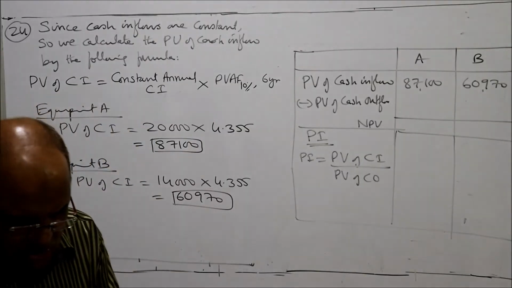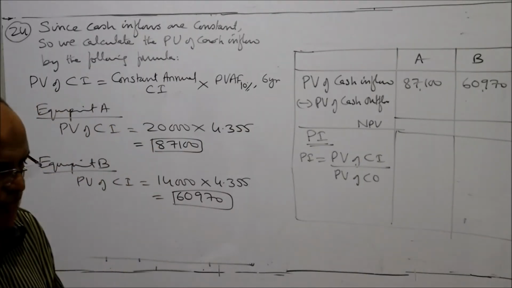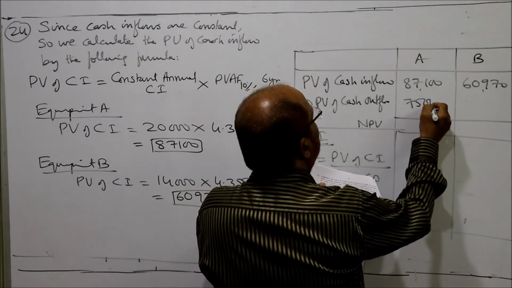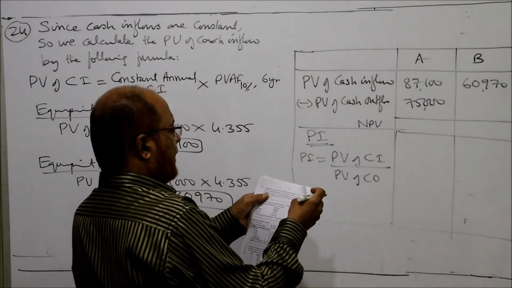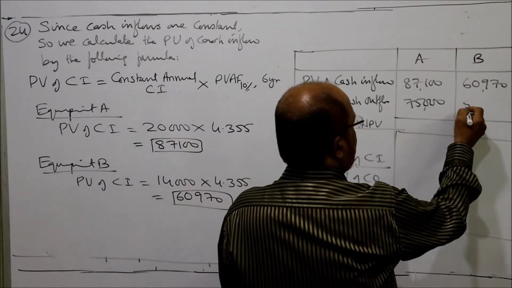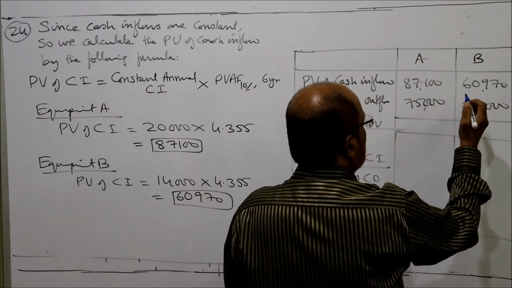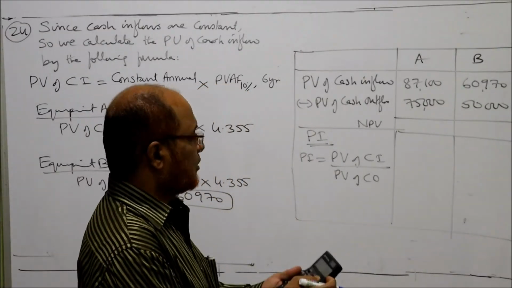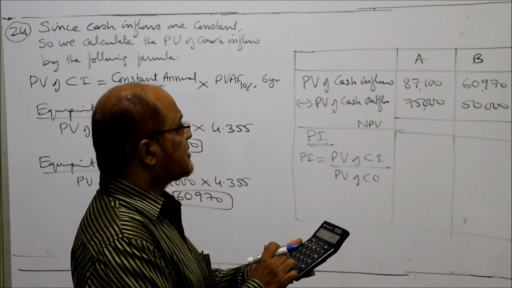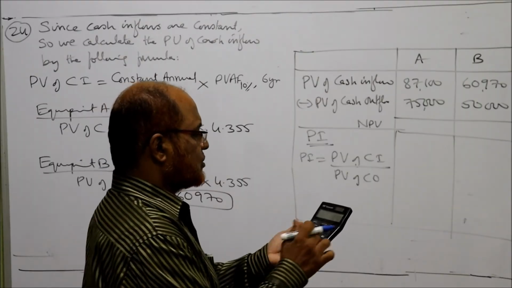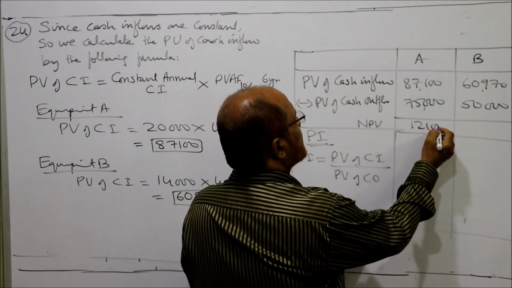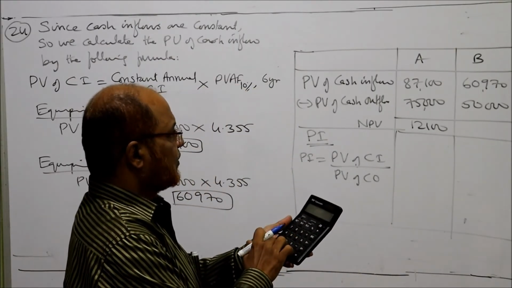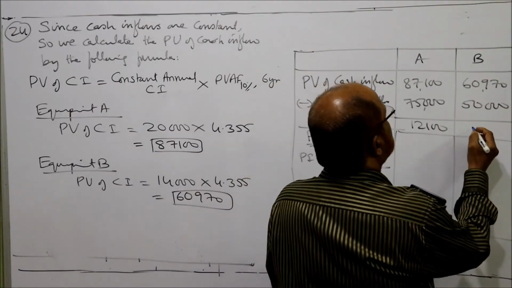How much is the PV of cash outflow? Outflow is given in the problem 75,000, and the B project 50,000. Now 87,100 minus 75,000, we'll get 12,100 positive, and 60,970 minus 50,000, 10,970.